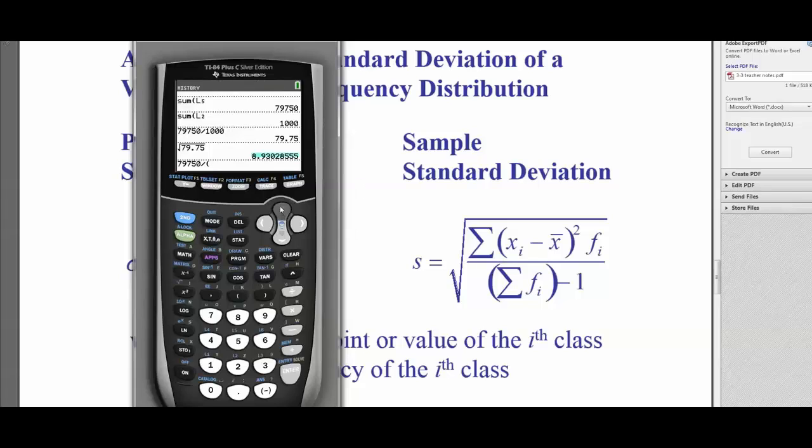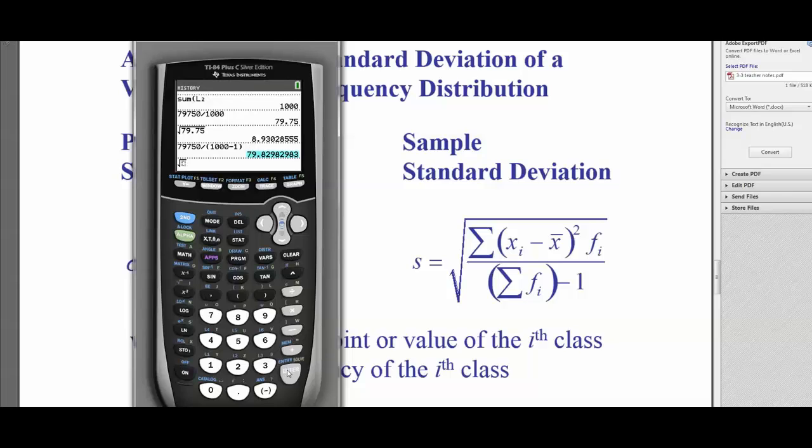So that would be L2 minus 1. Now I know 1,000, I want minus 1, I could just do 999. And then hit enter. And it's going to be really close because we're looking at 1,000 observations. So you subtract 1 off, it's not going to be that bad.